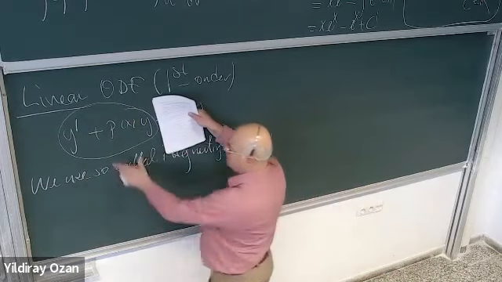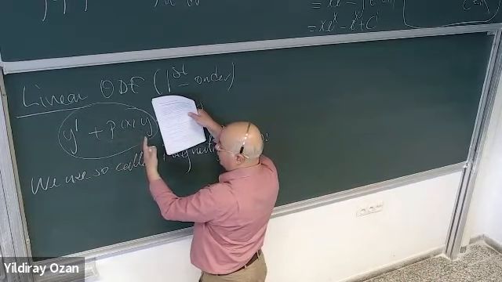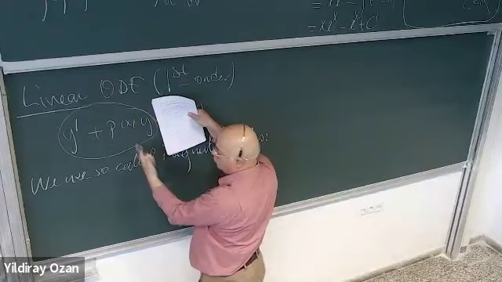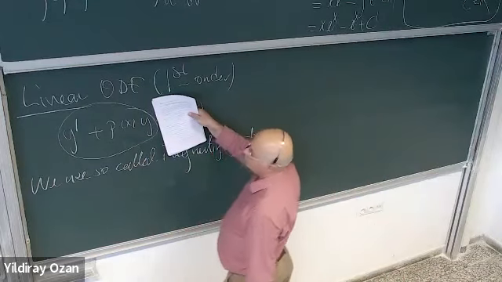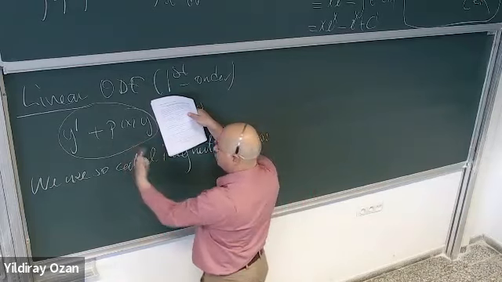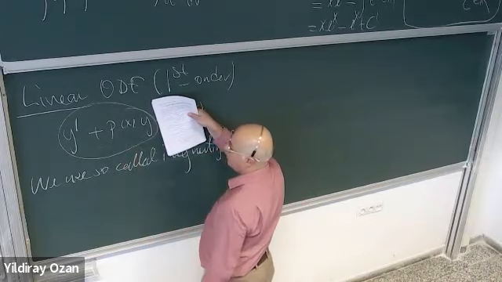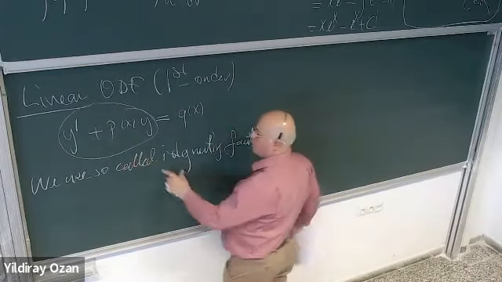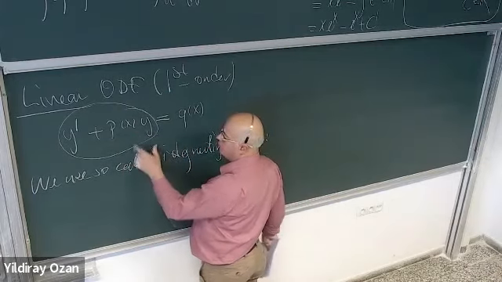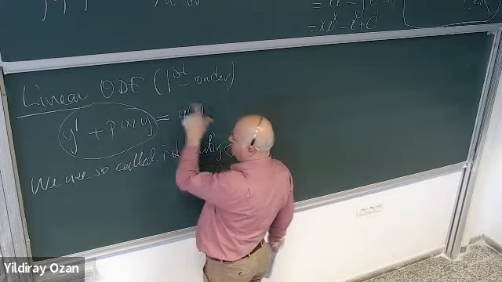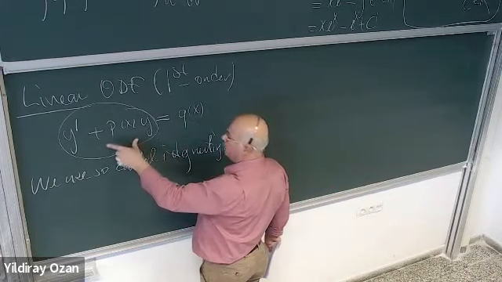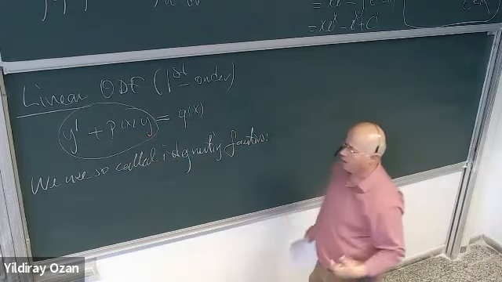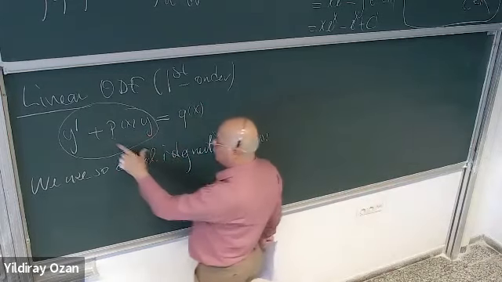You see, this thing, if you look at it this way, cannot be written as the derivative of something, right? You don't see easily why this should be the derivative of something. In other words, you cannot just integrate this. However, you can find an expression and multiply this equation with that expression, and after multiplication, the left-hand side becomes the derivative of a single expression.